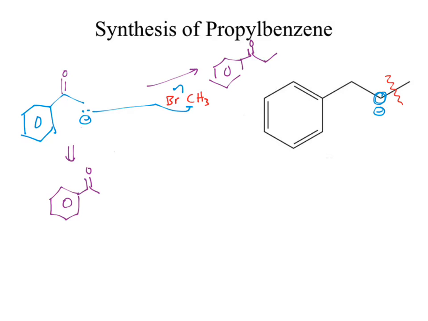We'd have our 3 carbons. How do I get rid of the carbonyl? I could use my Wolff-Kishner. I could use the Clemmensen. Okay. Can I use H2 and platinum? No, I'd end with the alcohol, and I wanted to completely remove the oxygen.